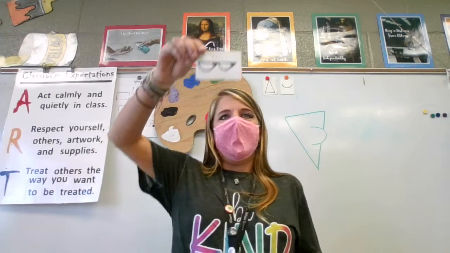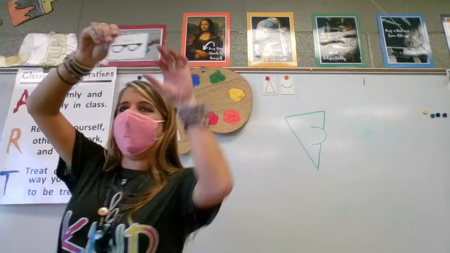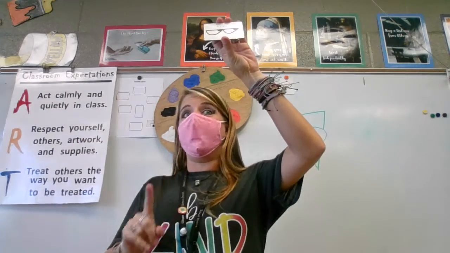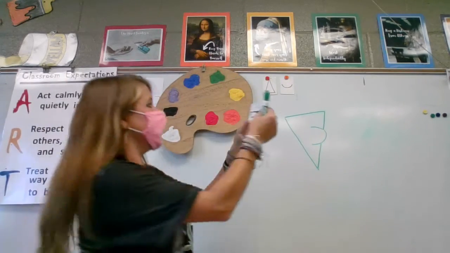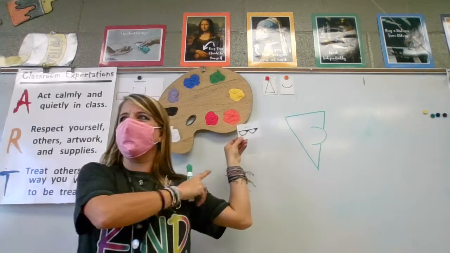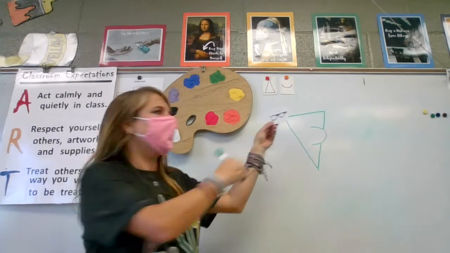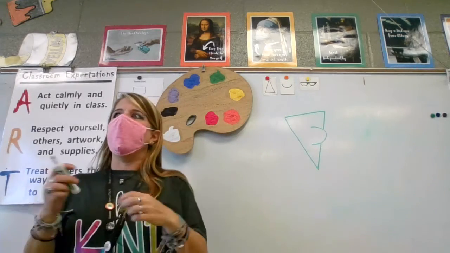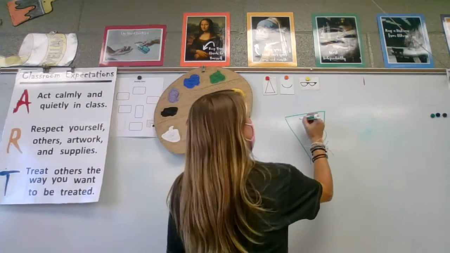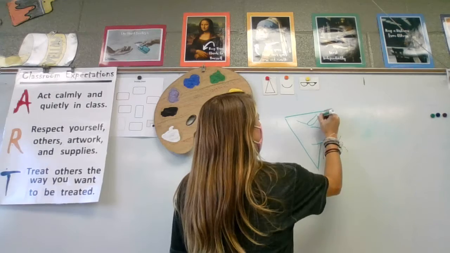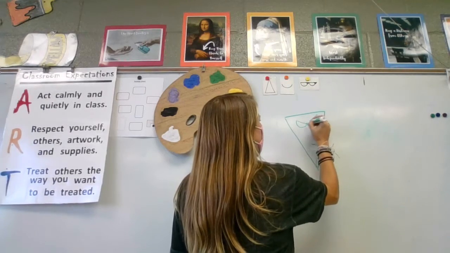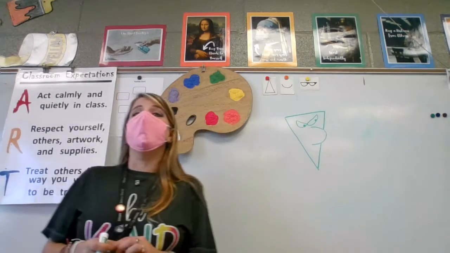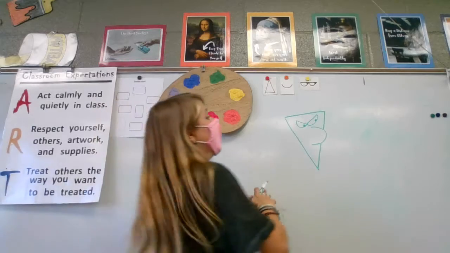Okay, here are the eyes that we have right now. Here's something interesting about these eyes. Watch. Right now, these eyes look a little bit sneaky. But what happens if I do this? He looks angry.